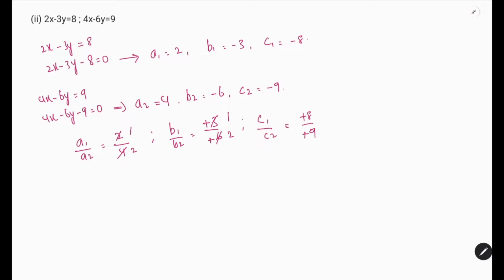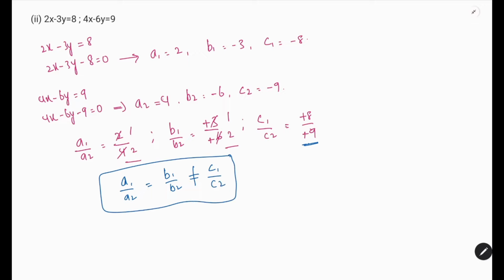Here 1 by 2 equal to 1 by 2. Here we will write a1 by a2 equal to b1 by b2. And is c1 by c2 equal to 1 by 2? No. So this is not equal to c1 by c2. If a1 by a2 equal to b1 by b2 and that is not equal to c1 by c2, then the lines are parallel.